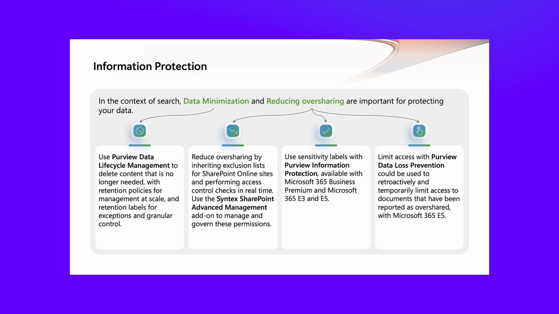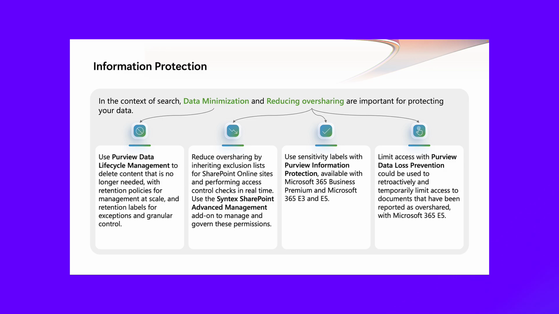And this is where things like data lifecycle management, obviously retention, but also things like Purview information protection. Now, this is available in Business Premium and E3 and E5. So this includes labeling and classification.